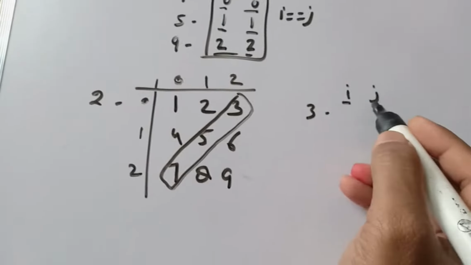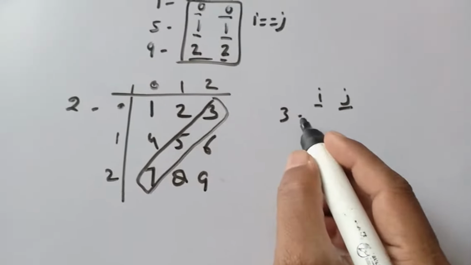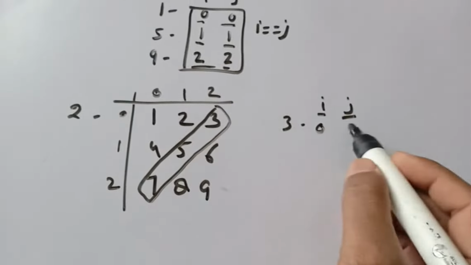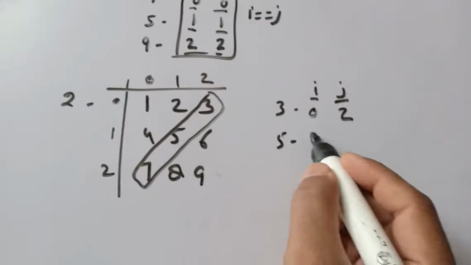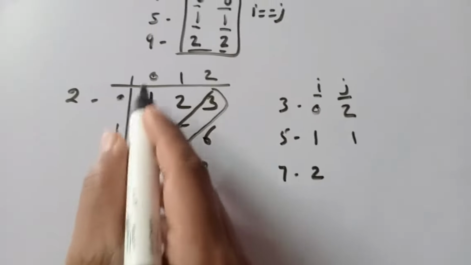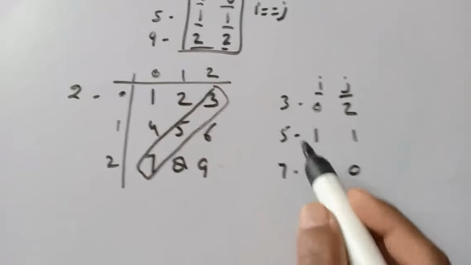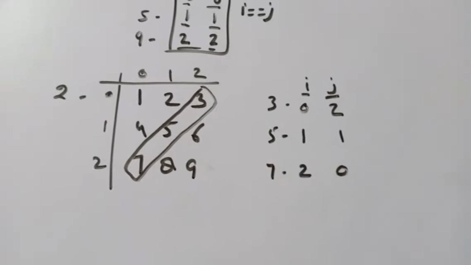I represents rows, J represents columns in my program. For 3, the address of I is 0, J is 2. For 5, I is 1, J is 1. And for 7, I is 2, J is 0. So at address 20, 7 is placed. At address 11, 5 is placed. And at address 02, 3 is placed.